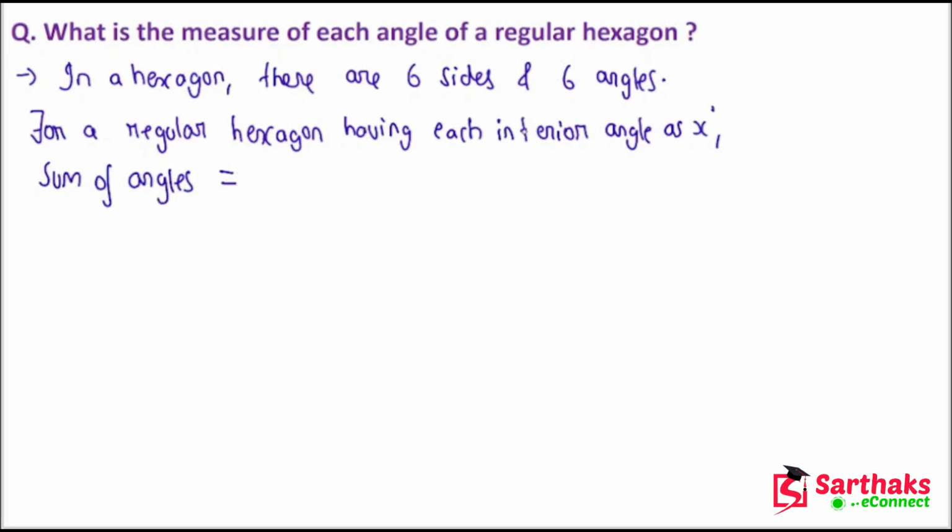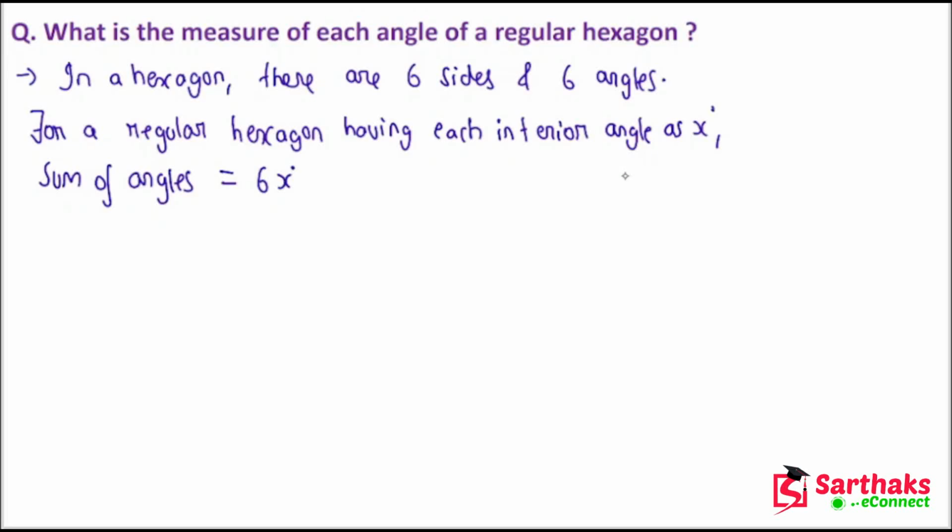You can clearly see that if a hexagon has 6 sides and 6 angles, then a regular hexagon will also have 6 sides and 6 angles. It is a hexagon at the end of the day, right? But for a regular hexagon, if one interior angle is x degree, then all the interior angles are equal, because for a regular hexagon all sides and angles are equal. So the sum of angles is equal to 6x degree.